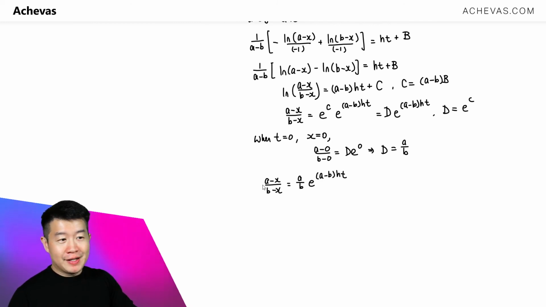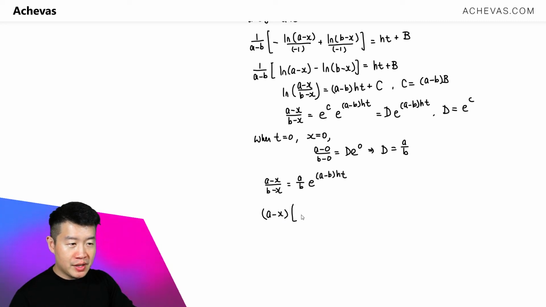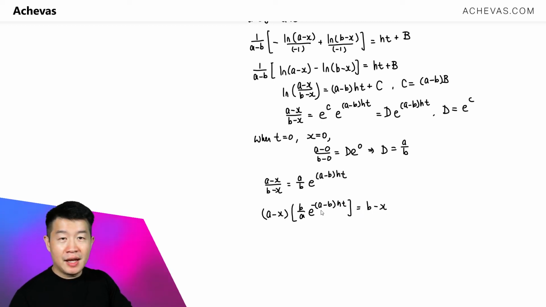I'm going to divide this across to the other side. So I have a - x. Dividing this across, that will be b over a e to the power of -(a - b)ht. This is equal to b - x. And multiplying this in, it is going to be this times this.